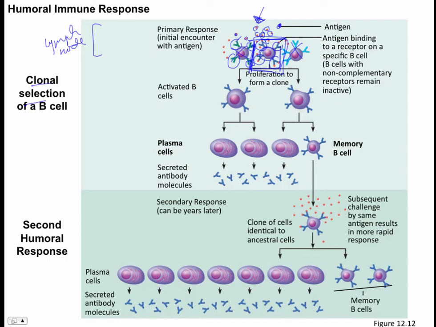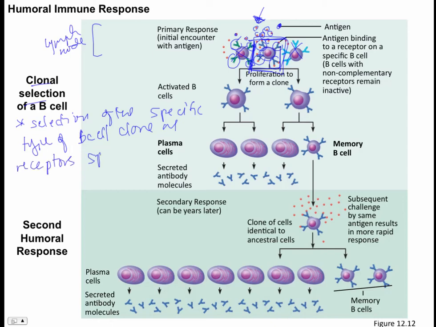So clonal selection of a B cell is the selection of the specific type of B cell clone that has receptors specific to an antigen that's present.